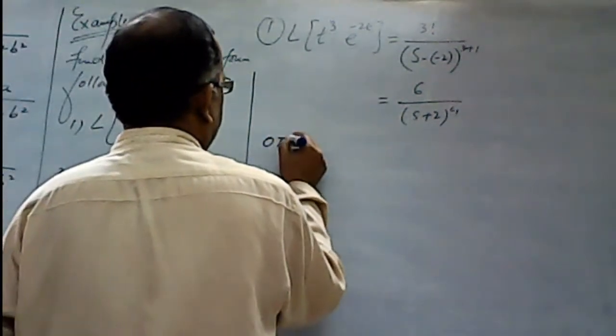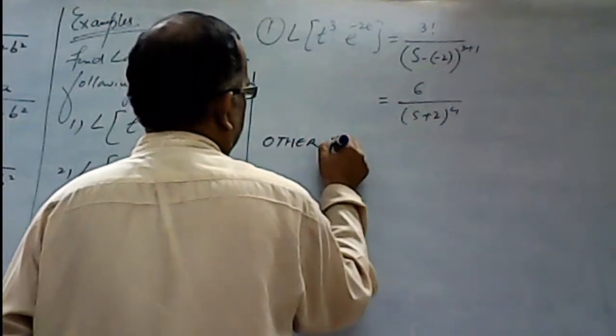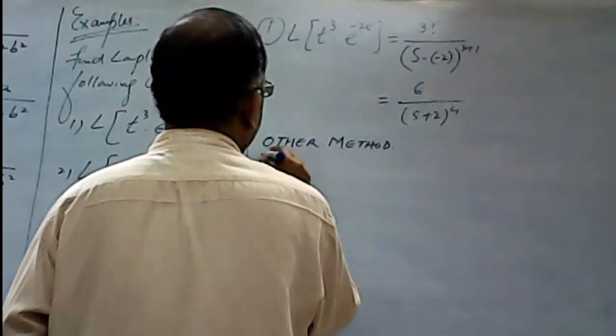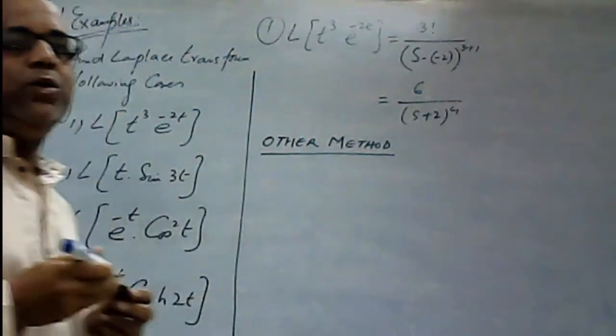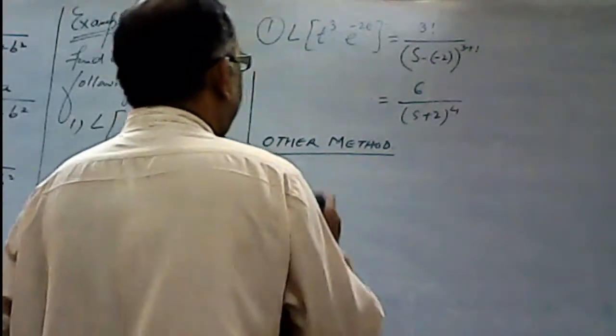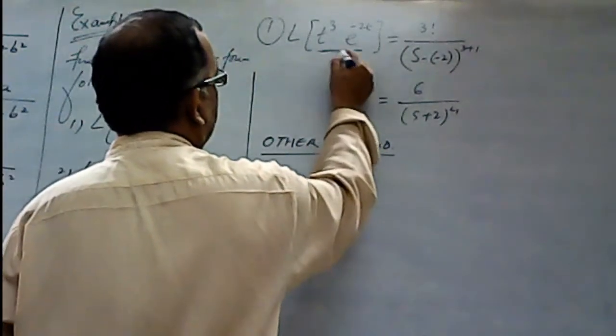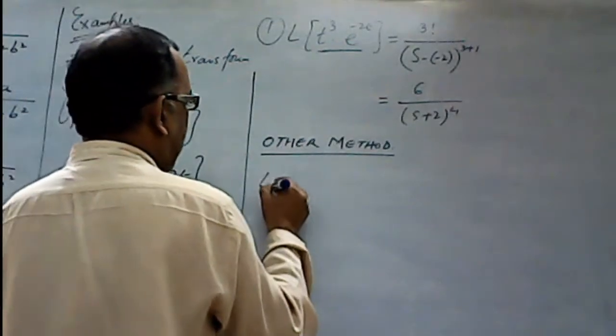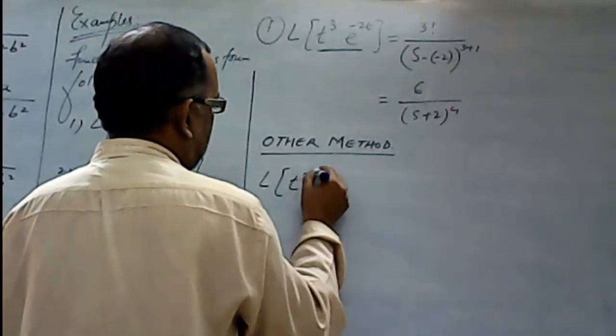But there is another method which is preferred, and in this method we use the first shifting theorem. What is the method? Leave the exponential and first find Laplace of t cube.